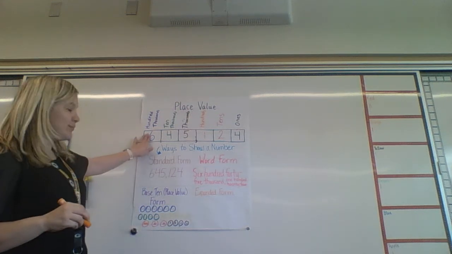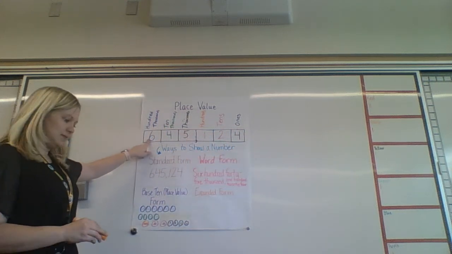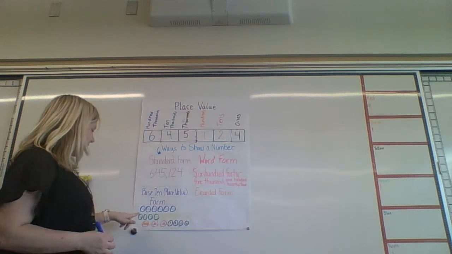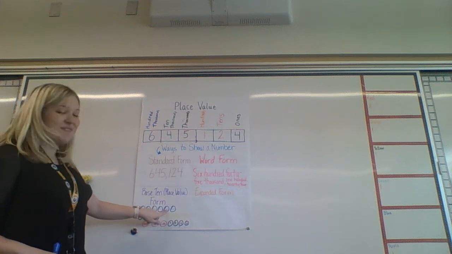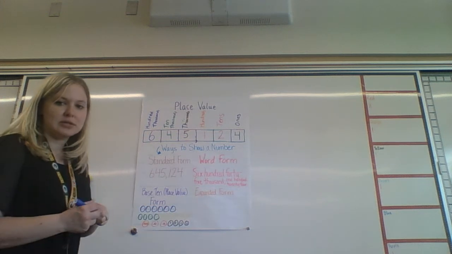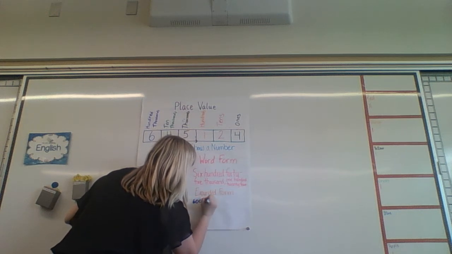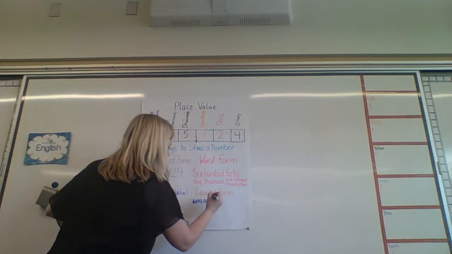We start from left to right in this case. Starting here at our farthest place value, we have 6 groups of 100,000. So I can count that out. 100,000, 200,000, 300,000, 400,000, 500,000, 600,000. 600,000 plus.